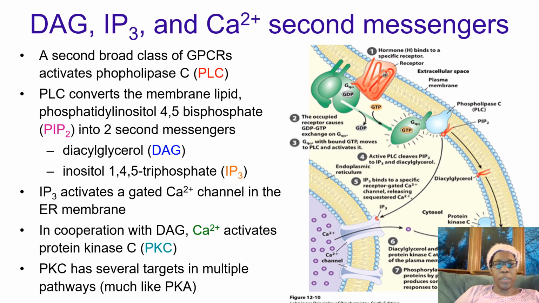The IP3 is going to go along and activate a gated calcium 2+ channel, and then the calcium in cooperation with the DAG is going to activate a kinase. The protein kinase C is going to do what kinases do. They're going to phosphorylate many other target enzymes, and those target enzymes are going to cause a reaction and response in the cell to give whatever response is elicited by the hormone.